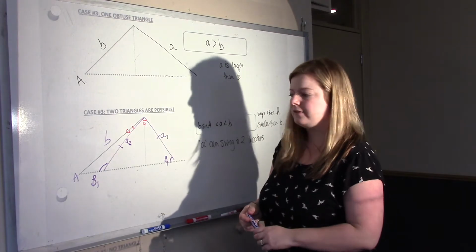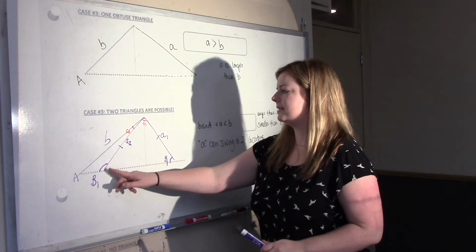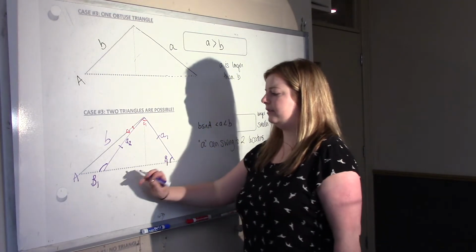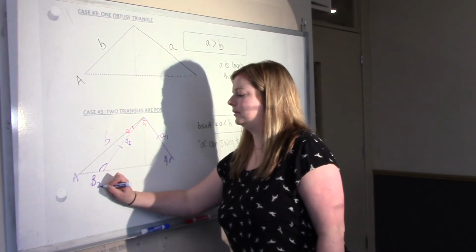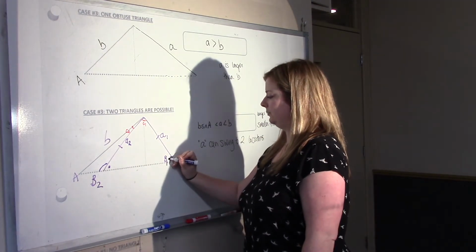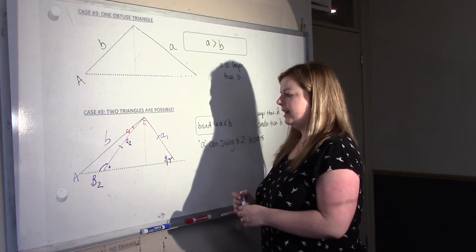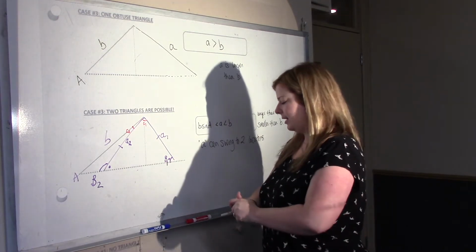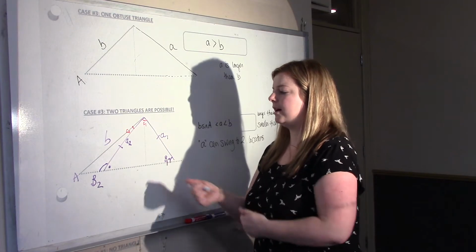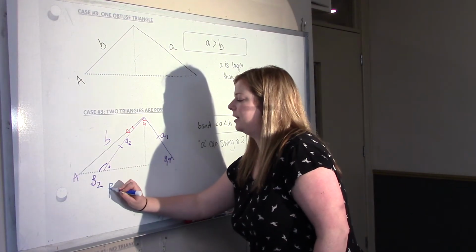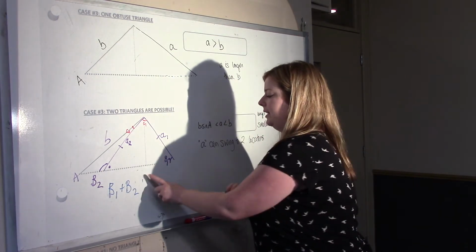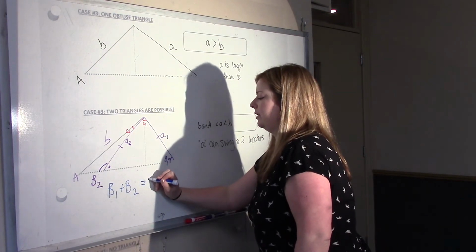Something else though you have to note, that because this triangle, which we don't really consider here, is an isosceles triangle, oh, sorry, that should be labeled B2, these two angles are equal. Okay, and because this creates a straight line, that concludes that B1 plus B2 have to equal 180 degrees.